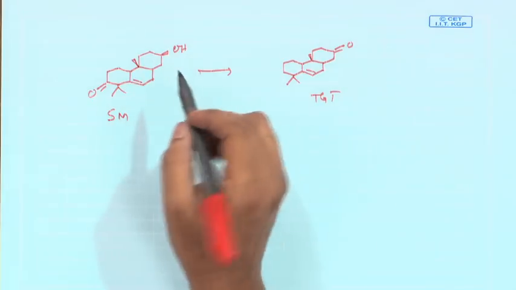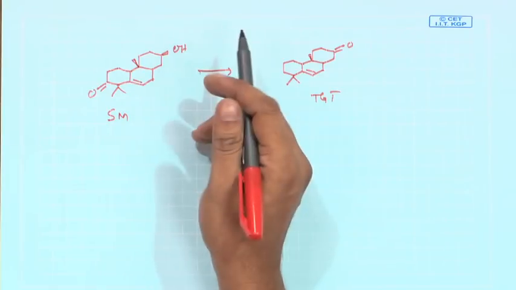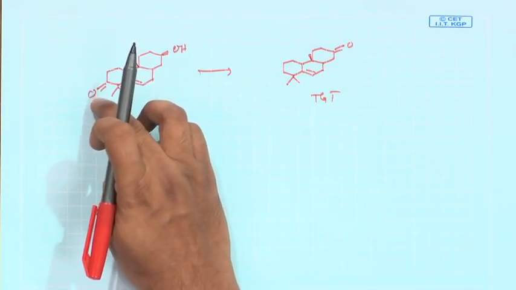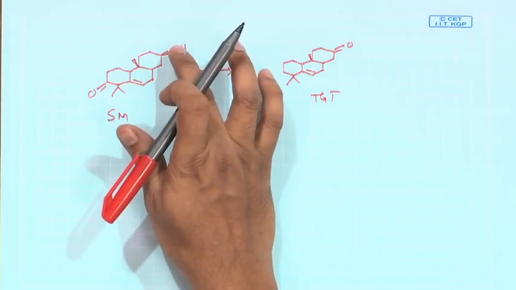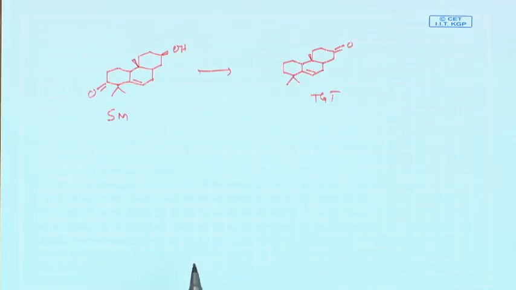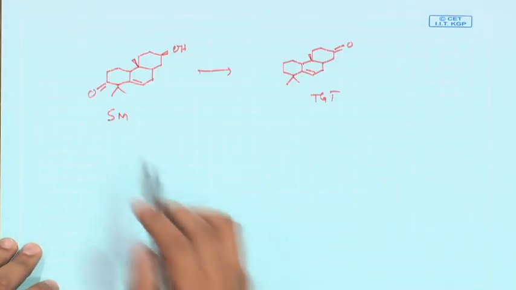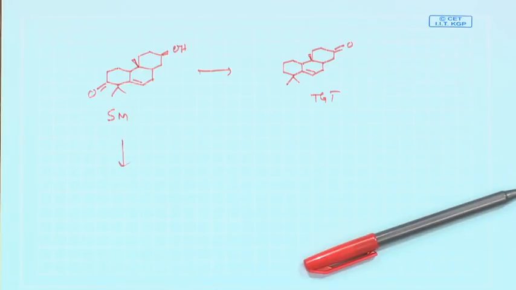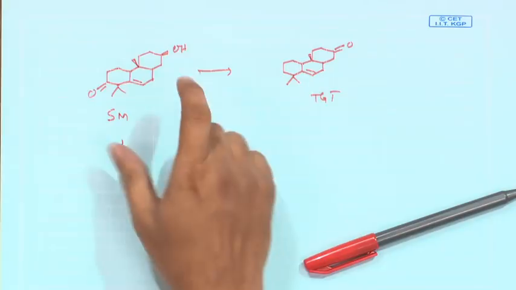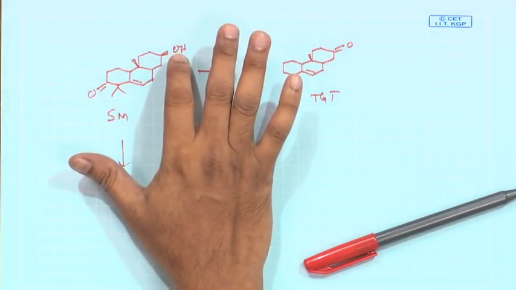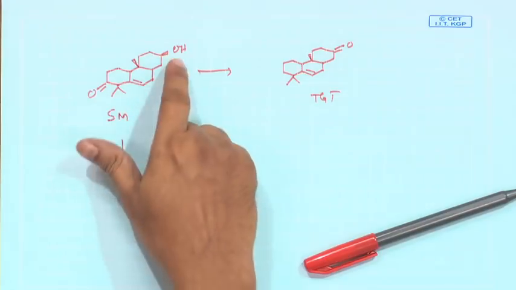So, you need to do two reactions: selectively deoxygenate here, and do an oxidation particularly at this carbon. Now, let us try to think about what kind of reaction you can use. In principle, if you first oxidize this molecule with a suitable oxidizing agent, that will give you a diketone.